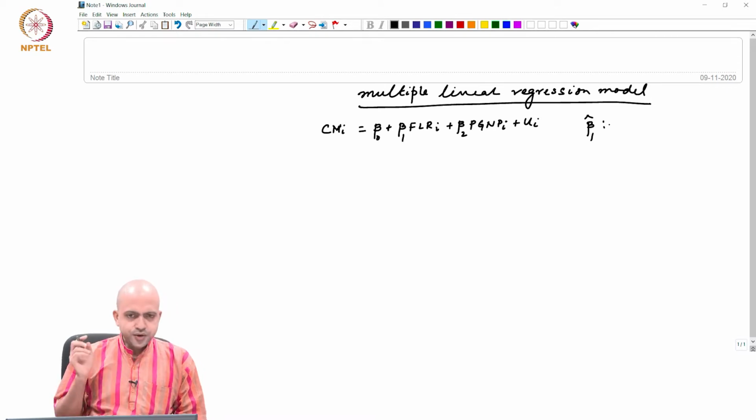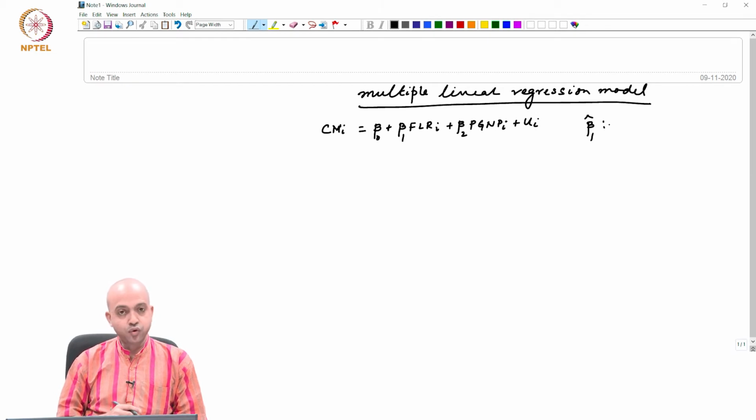So, today we have also learned previously the justification of including PGNP from the point of view of omitted variable bias. That means even if our objective is to estimate the impact of FLR only on child mortality rate, do we need to include PGNP also in the model, right?